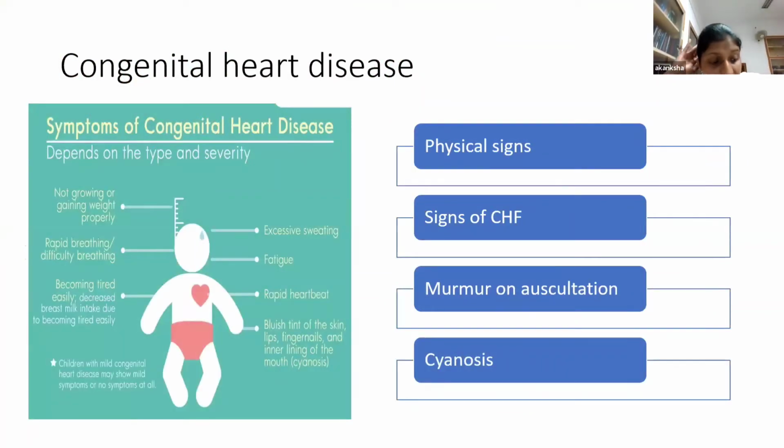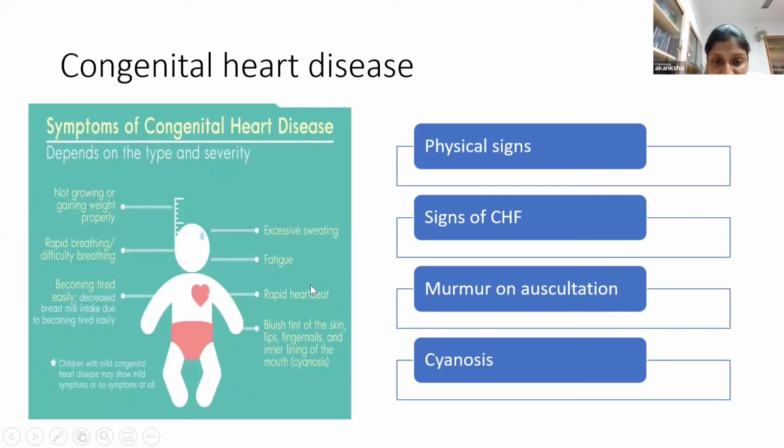Now I will discuss some key features which we should record while taking our history. So starting with congenital heart disease. To rule out congenital heart disease, we should always ask the parents about history of sucrose cycle, that is becoming easily tired, decreased intake of breast milk, excessive sweating while feeding, history of fatigue, not gaining weight properly, rapid breathing, difficulty breathing, and rapid heart rate.